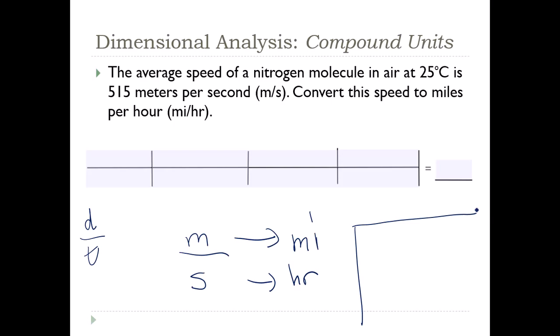If you just remember top and bottom cancel out, you're good to go. How we would express this is 515 meters per second, where per means over, or to divide by. So that's how we write that. And then we need conversion factors to go between meters and miles, and between seconds and hours.